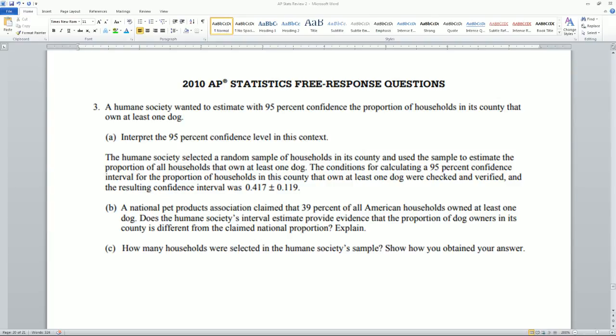The 95% confidence interval means that the statistical value is 95% confident to capture the actual statistical parameter.